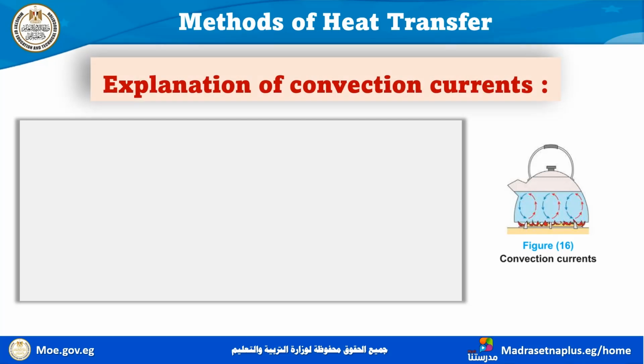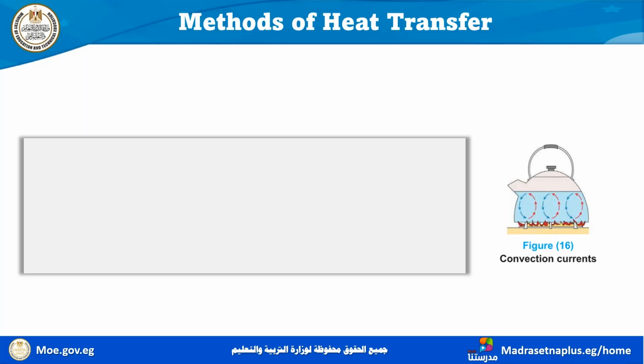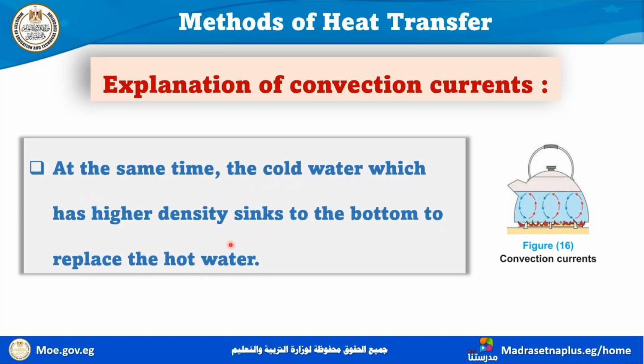The hot water particles move faster and further away from each other, resulting in a decrease in the density of hot water, so hot water begins to rise up to the top. At the same time, the cold particles of water have higher density, so they begin to sink down to the bottom and replace the hot water. This is called the convection current.